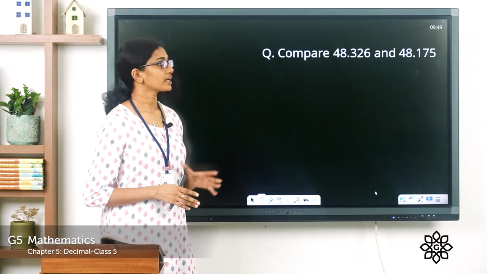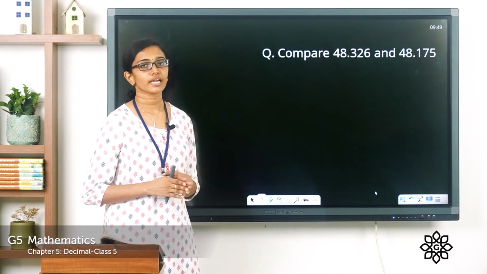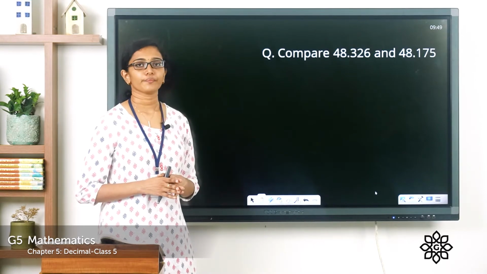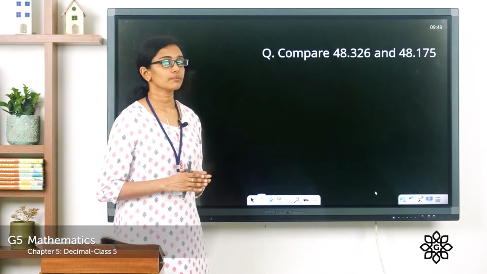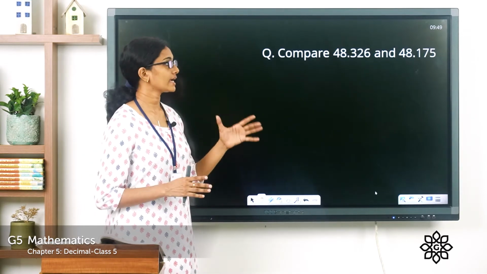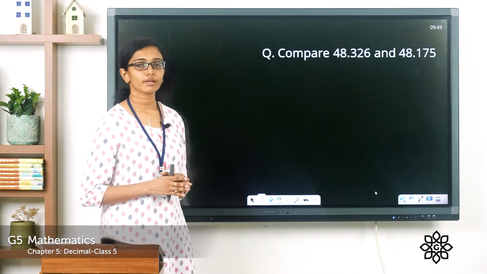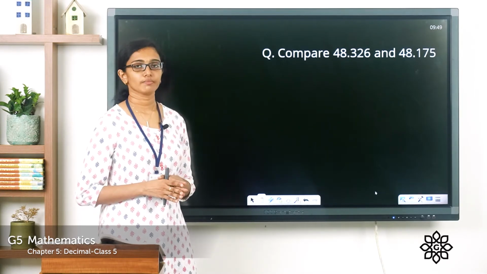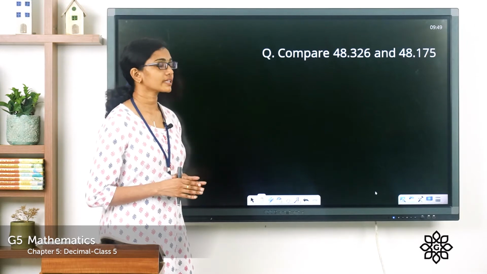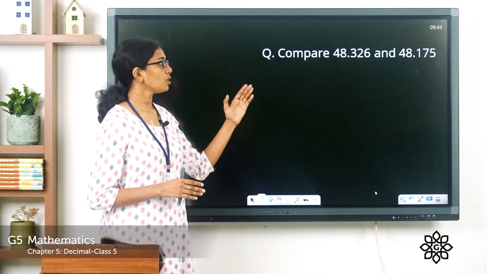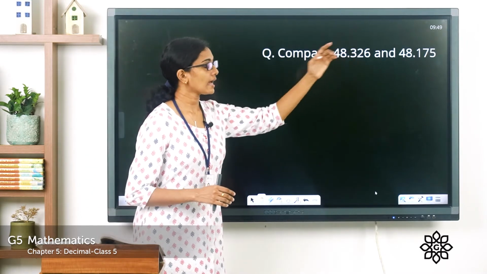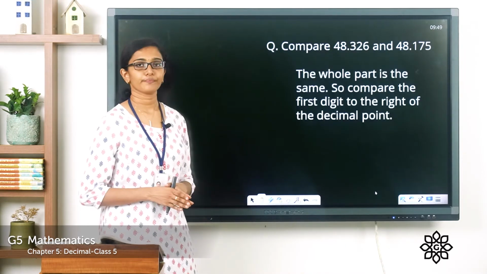Now let's look at one more question. Compare 48.326 and 48.175. Now these numbers also are like decimals. Both have the same number of digits after the decimal point. Now look at the whole parts. The whole part in the first number and the second number is the same.